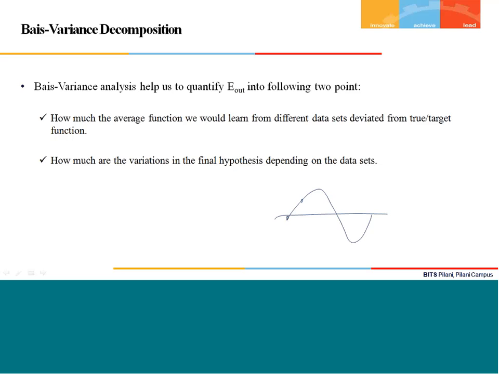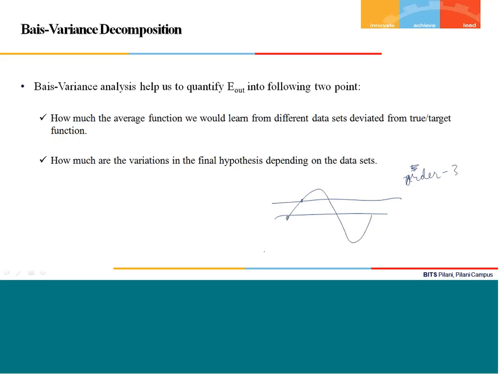And this was of order 3. Let's say order 3. But you have used your hypothesis set, that is a constant model or a linear model. Constant means this, and linear means it's a line.